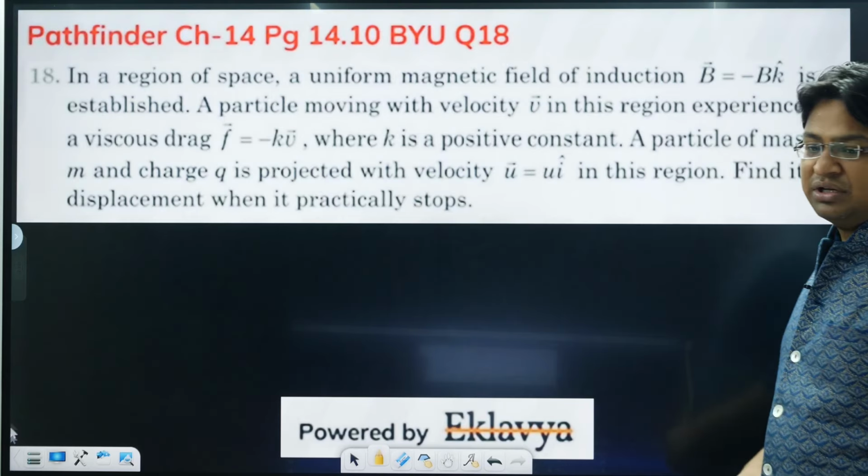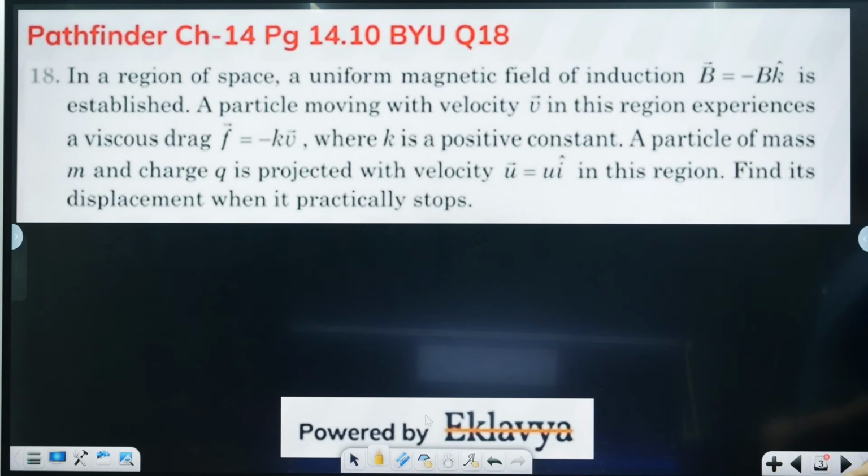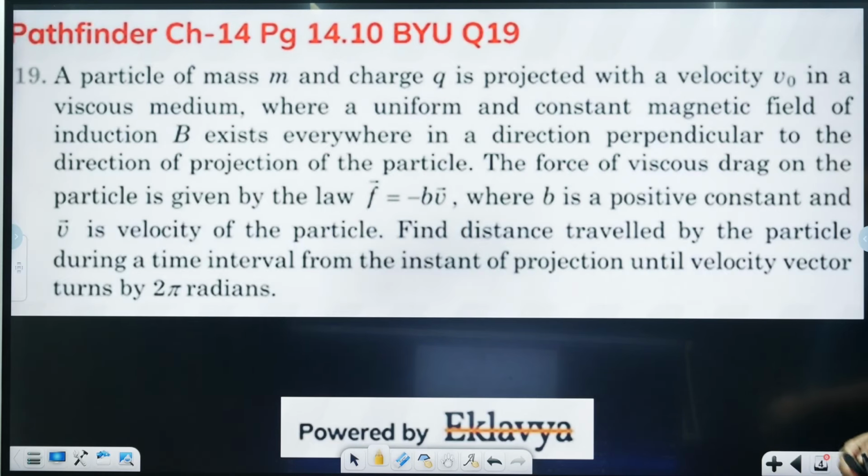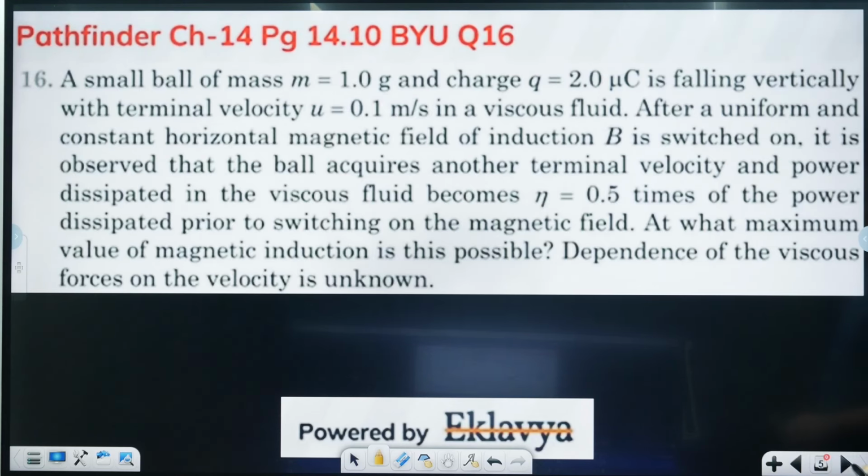Let me start with showing you the questions. I'll move out of the frame so that you can pause the screen and attempt these questions if you want. Next question, this is again a Pathfinder question. The details of the question are written on the screen, so you can check it from there. Next we'll go to the third question.